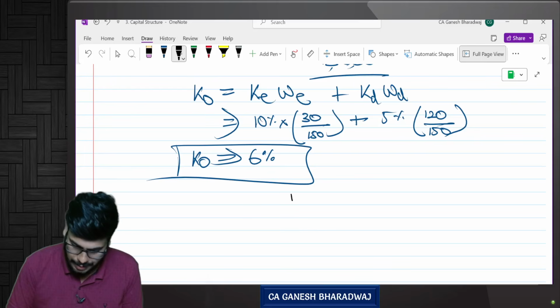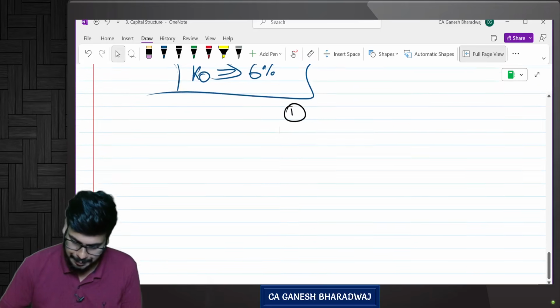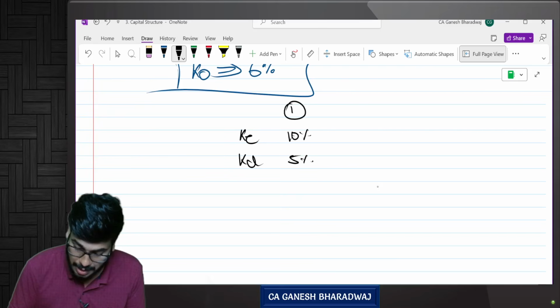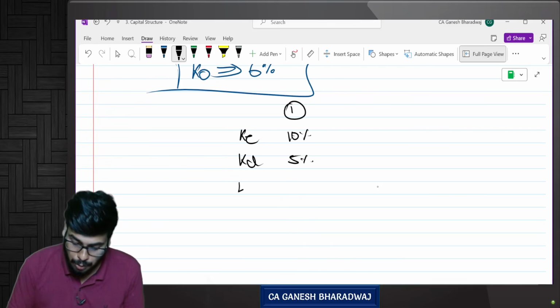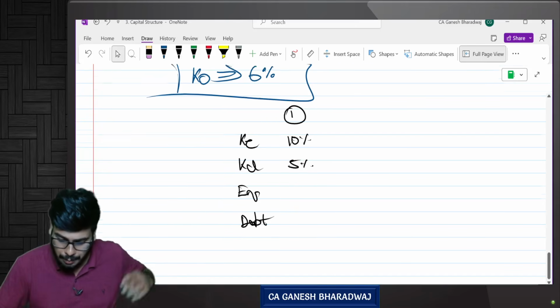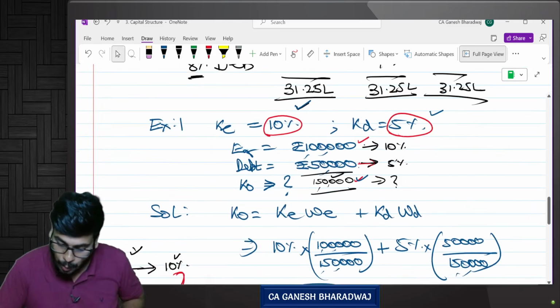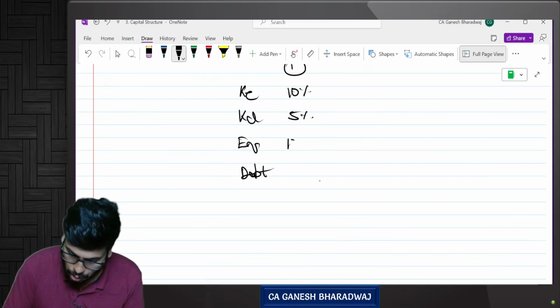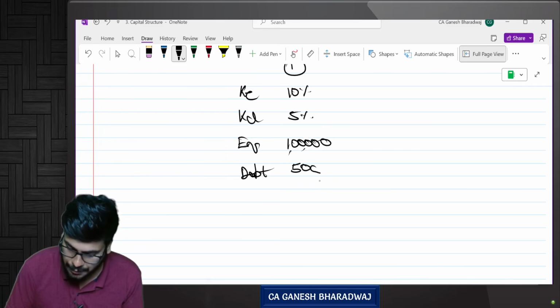In the first question, KE was how much? 10%. KD was how much? 5%. Now, how much amount was raised from equity? How much amount was raised from debt? From equity, we had raised 1 lakh rupees, and from debt, we had raised 50,000 rupees.